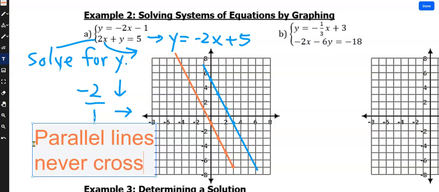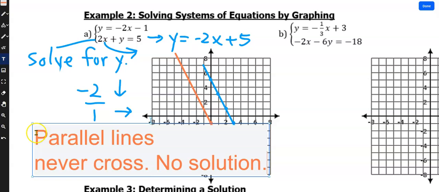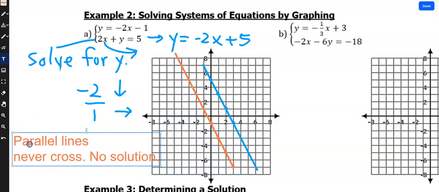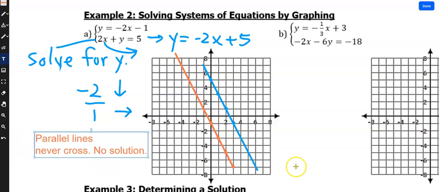Never cross. No solution. That's the situation you're in. So when you see a system that has parallel lines, that means the two lines will never cross.